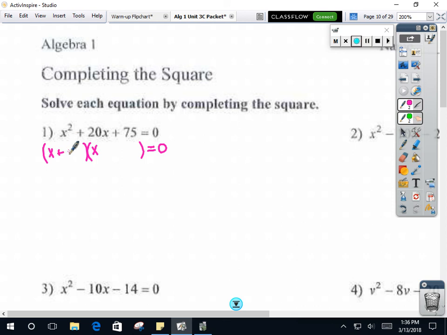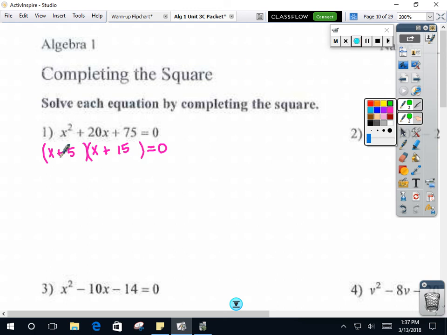No. 5 and 5 plus what is 20? Right. And 5 times 15 is 75. Well, I'm just showing y'all that you don't have to use complete the square if it can be factored. You only have to use complete the square if it can't be factored.